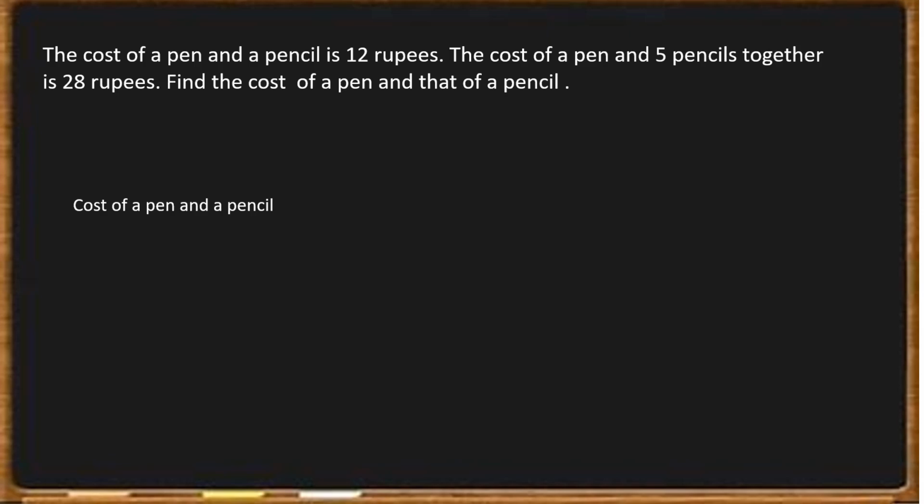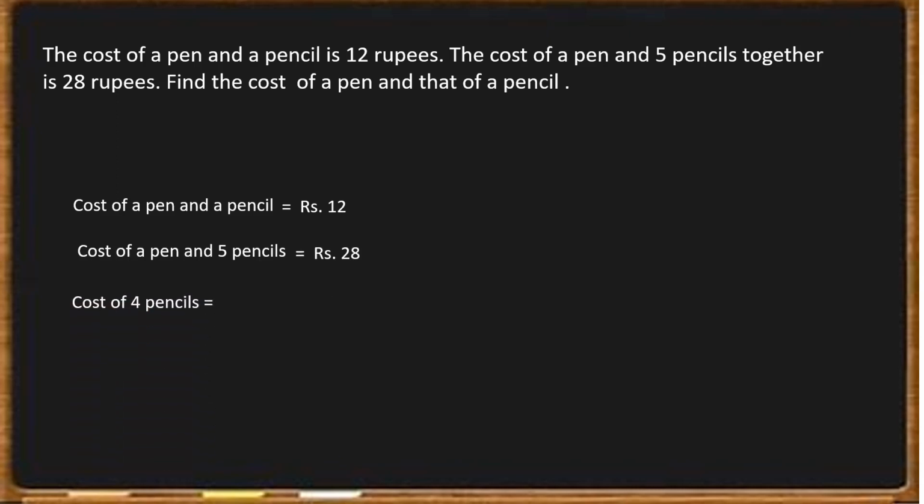Okay, it is given that the cost of a pen and a pencil is 12 rupees. Okay, all of you think this question in your mind. Don't use pen and paper. Okay, I will tell you. If you have any confusions, we can use. Then it is given that the cost of a pen and 5 pencils is rupees 28.